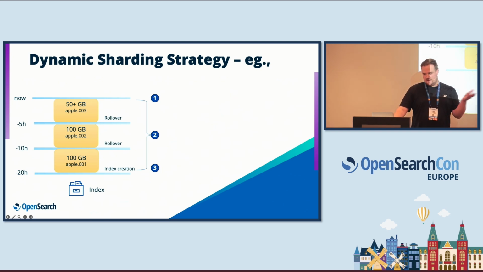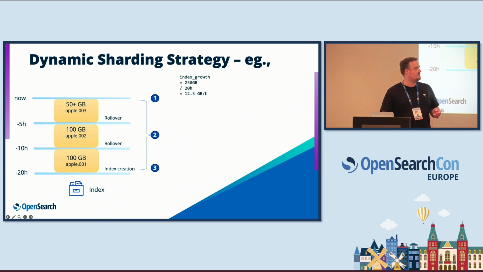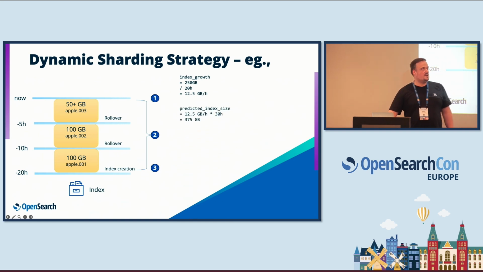Now let's make an example for that exact picture. So some very simple math here, right? We take the whole period that we can see in the OpenSearch API. We see in total that's 250 gigabytes from 20 hours ago up to now. So we divide this by 20 hours, and we say, well, on average, that index is growing 12.5 gigabytes per hour. And then we take that growth and multiply it by the retention time.